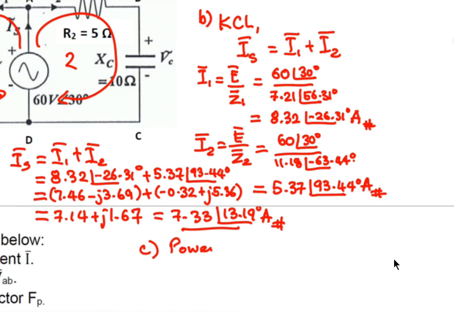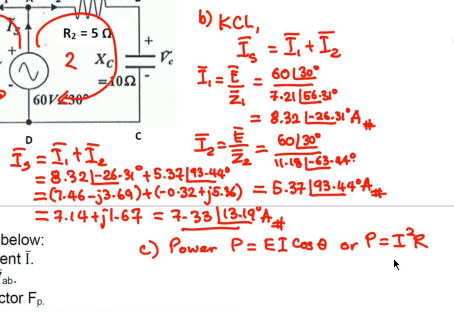Power can be calculated as P equals EI cosine of the angle between E and I, or we can calculate it as P equals I squared R. So let's do the first one.